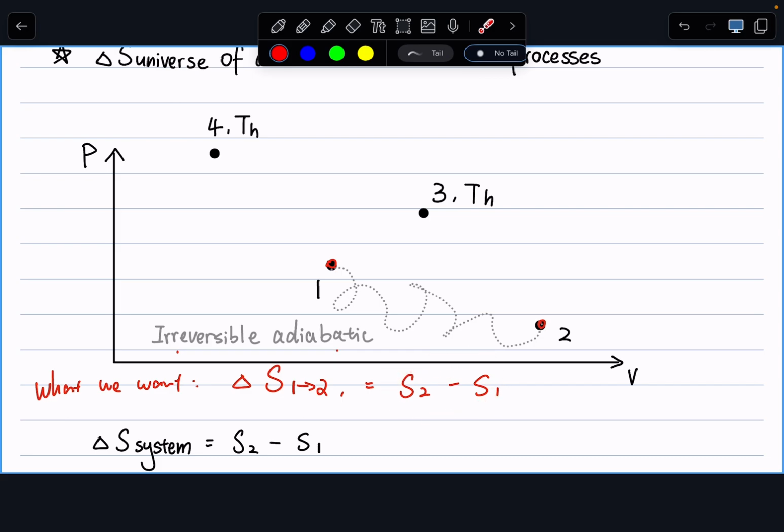In previous examples, you can do it by building reversible paths between 1 to 4, 4 to 3, 3 to 2. Or in this case, we can do it by creating a cyclic process.